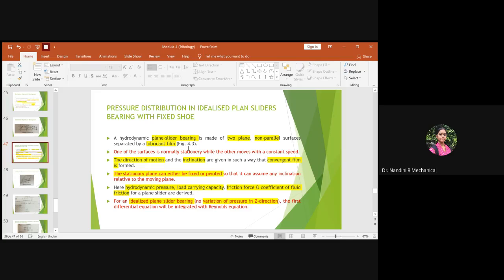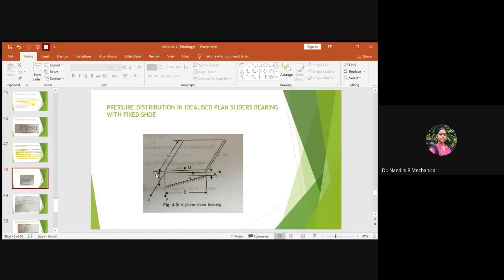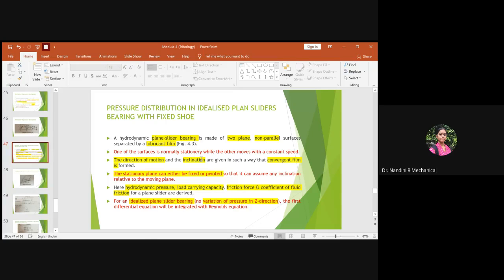The figure shows two surfaces that are not parallel, because one surface is horizontal and the other is inclined, hence a non-parallel surface. This is the length of the top surface, where the oil moving across has different film thicknesses: this is the maximum, H1, and this is H2.